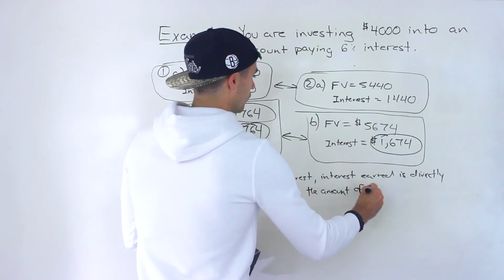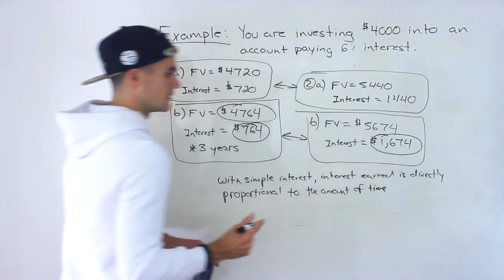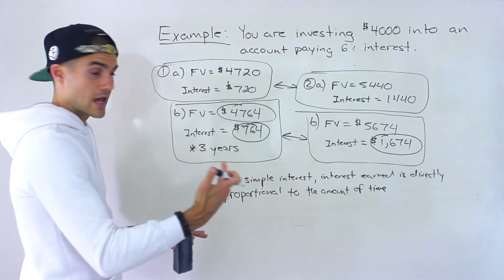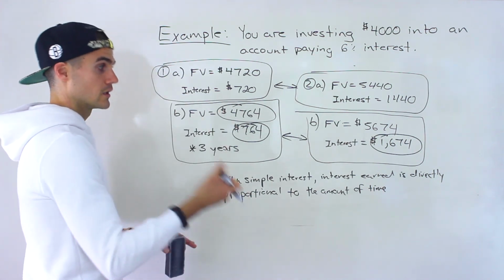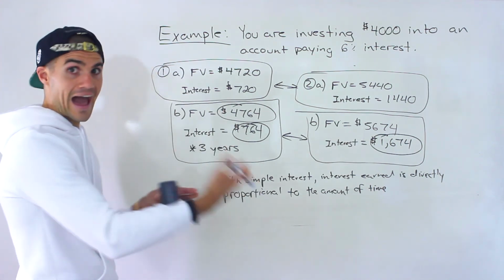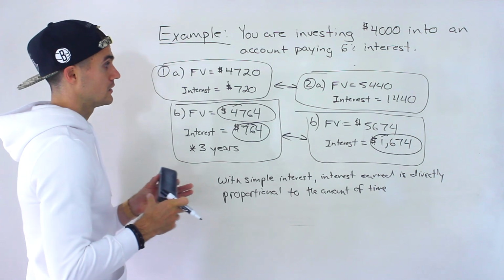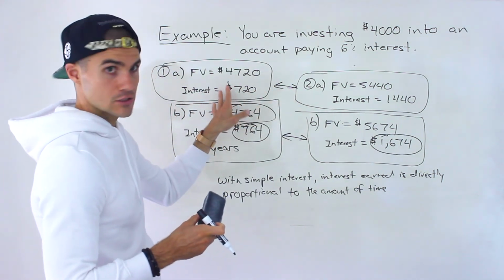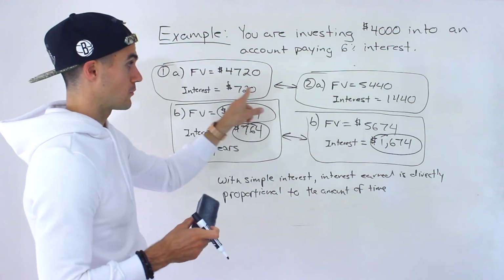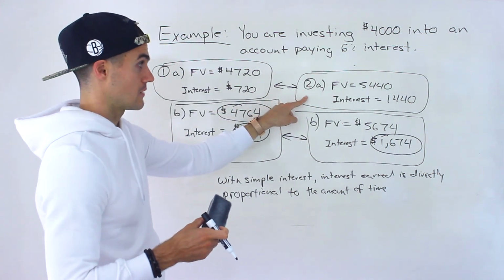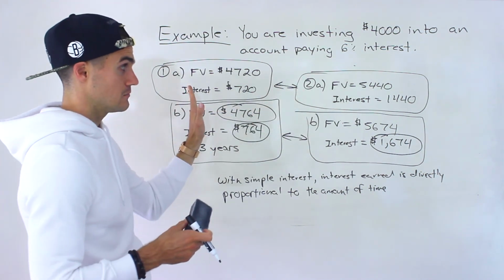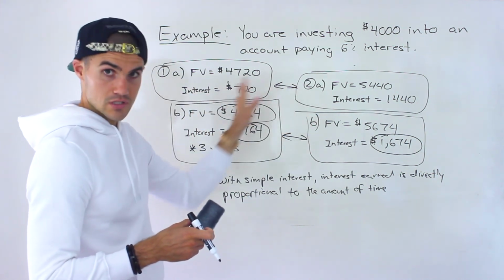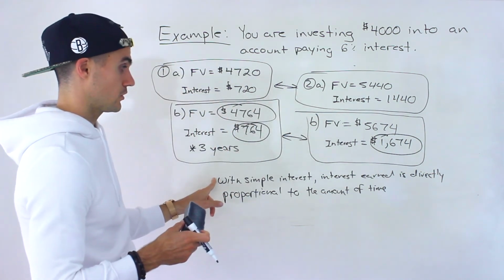So if you hold all variables constant and you just change the amount of time, if you double it, if you triple it, quadruple it, half it, whatever you're doing, that's going to have that same effect on the interest earned. The interest is going to double if you double the time, or it's going to triple if you triple the time. Or if you half the time, then the interest is going to get halved with simple interest.